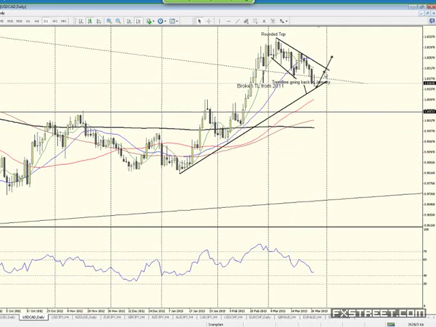But look, if it holds and breaks above this trend line I have, we have a rounded top, and if you flip this upside down, it's sort of a, what do you call those, the bottom where you have a little handle, cup and handle, there you go.